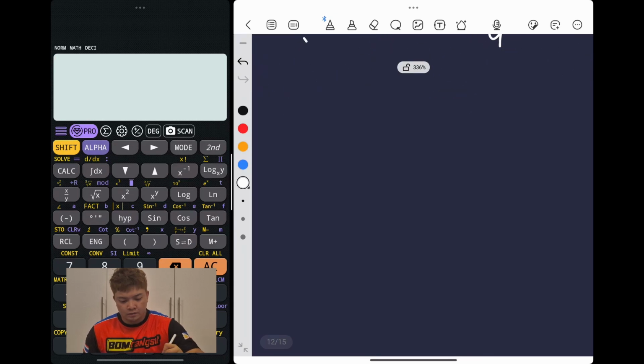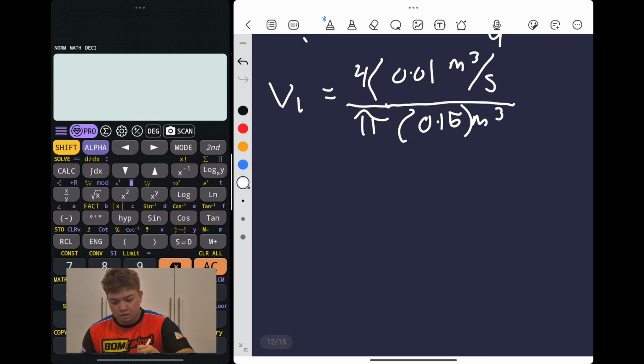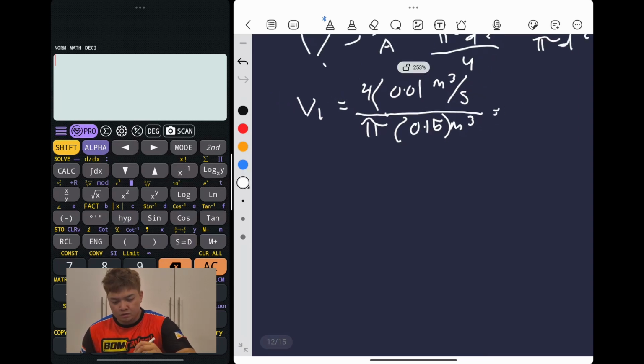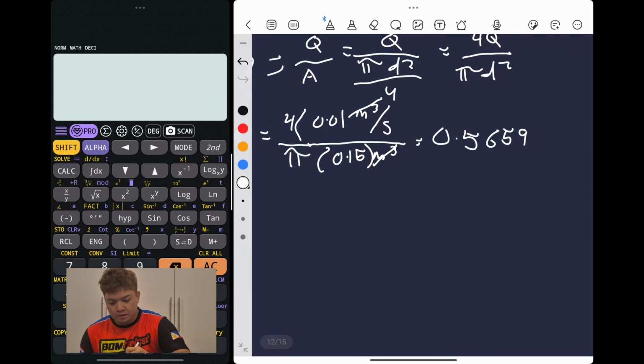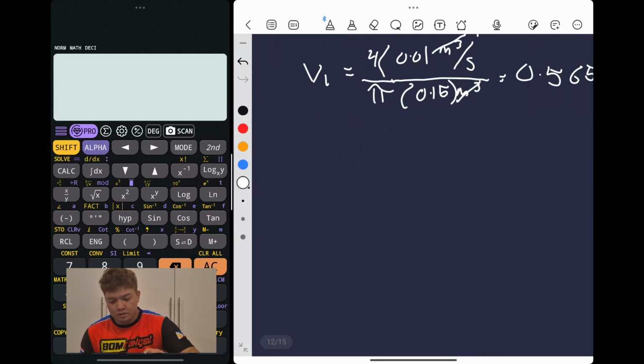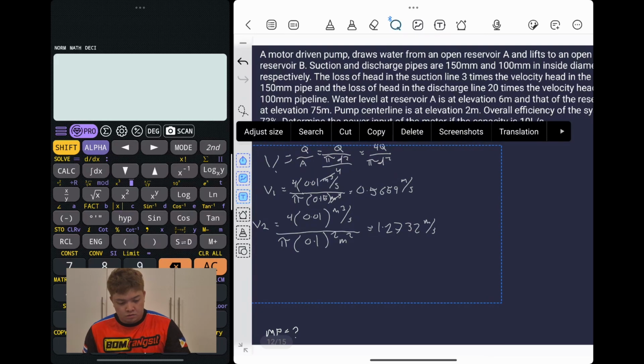Then V1 ay 0.01 cubic meter per second all over pi times 0.15 squared. So cancel na yung cubic meter. Boom. So ang answer dito ay 0.5659 meters per second. Then V2, ang V2 naman ay 4. So solve na natin.